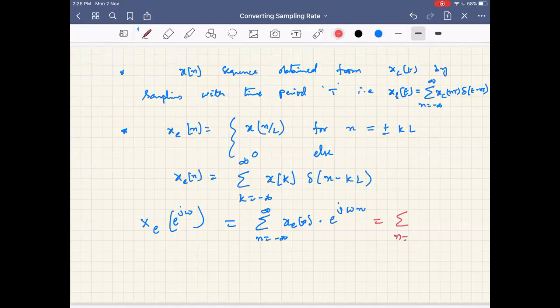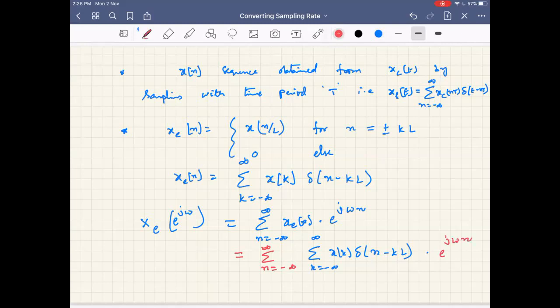Summation n equal to minus infinity to infinity, x e of n is replaced by summation k equal to minus infinity to infinity of x of k delta of n minus kL, times e power minus j omega n.